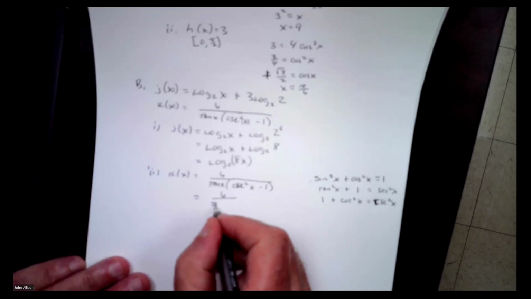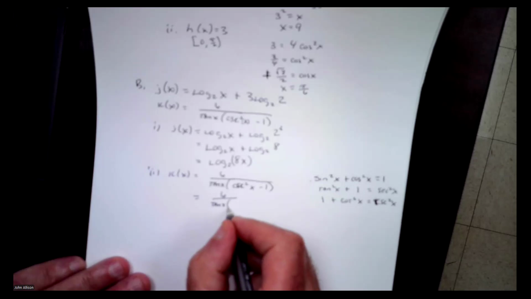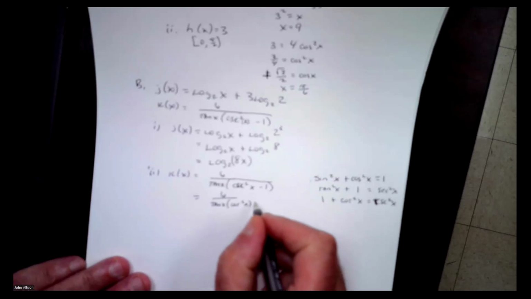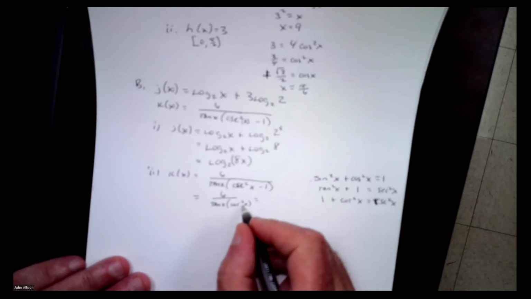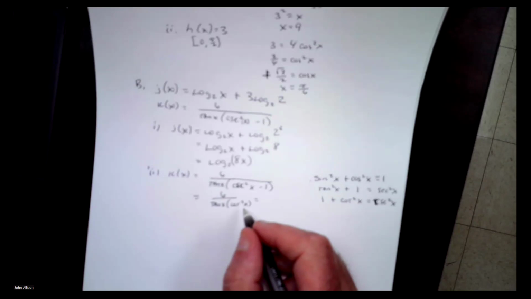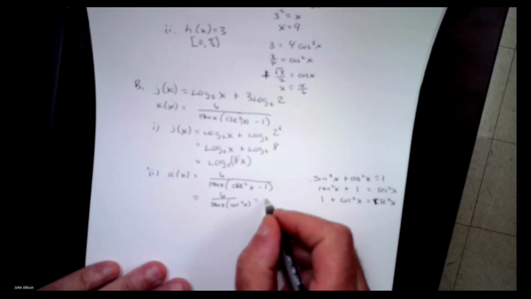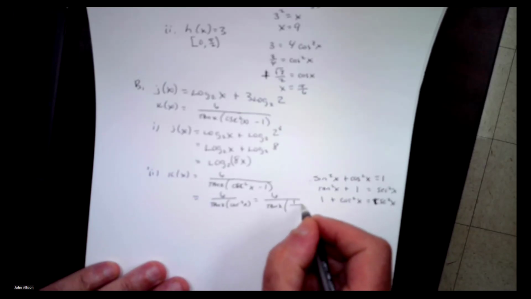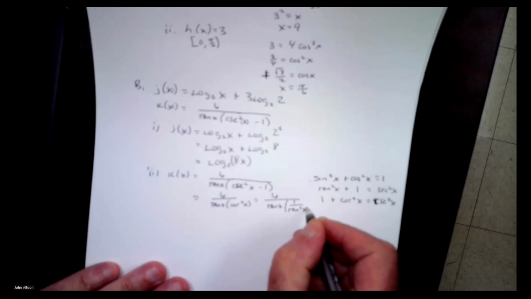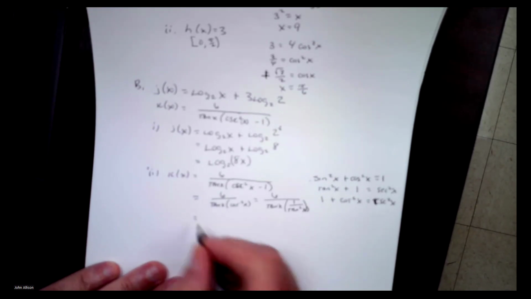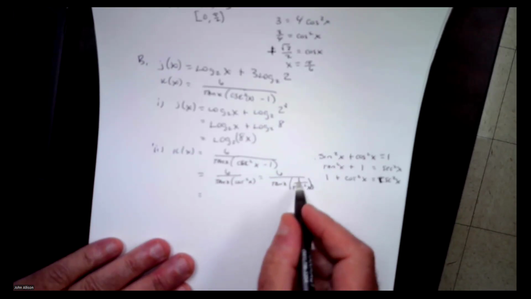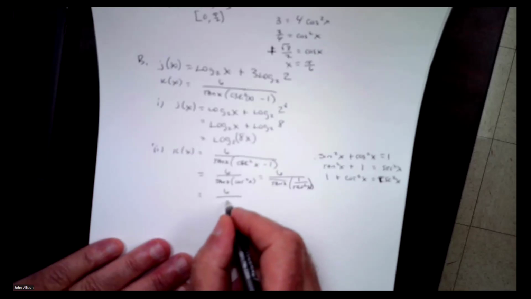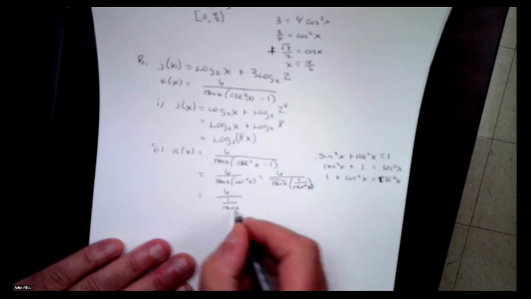So we have 6 over tangent x times cotangent squared x. Cotangent squared x is 1 over tangent squared x, which means we can cancel one of these and one of these. 6 over 1 over tangent x.